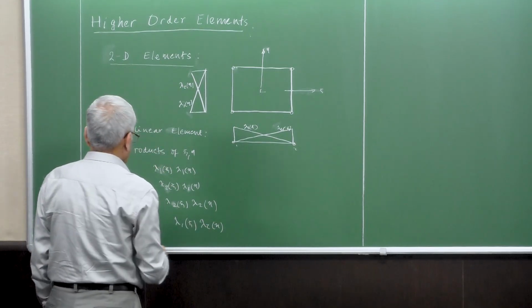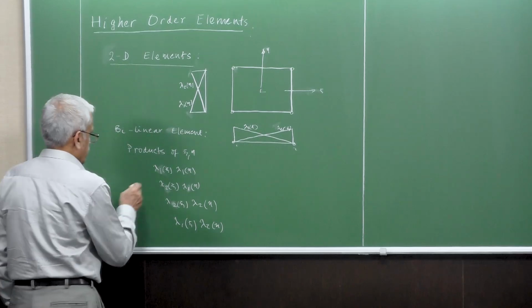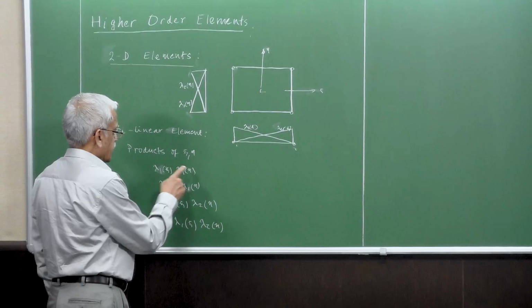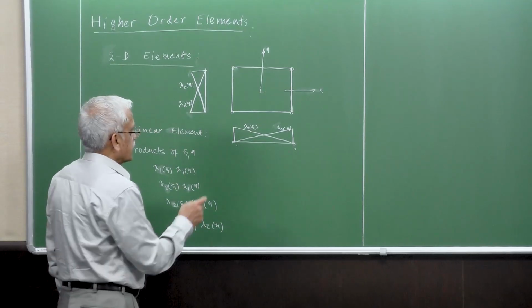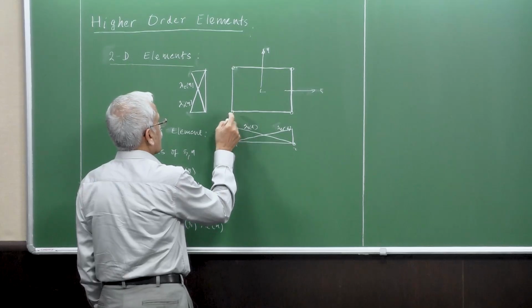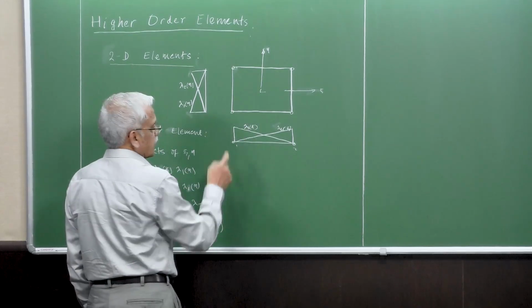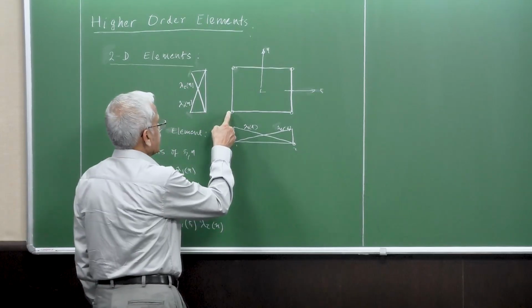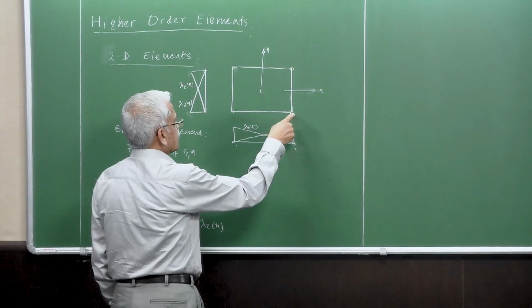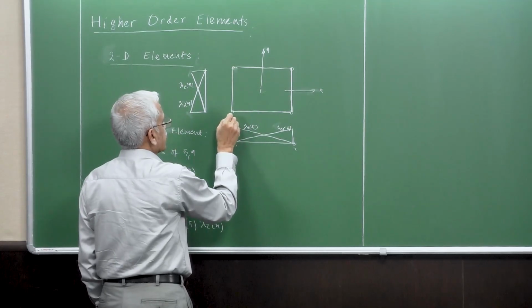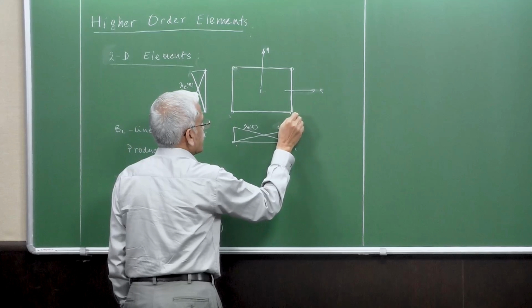Okay, so these are in the basic directions, and then this combination of lambda 1 psi, lambda 1 eta is a product of this lambda 1 and lambda 1 here. A product of these two obviously will have value of 1 here and goes to 0 here, goes to 0 here, goes to 0 here. So let's call this node 1.